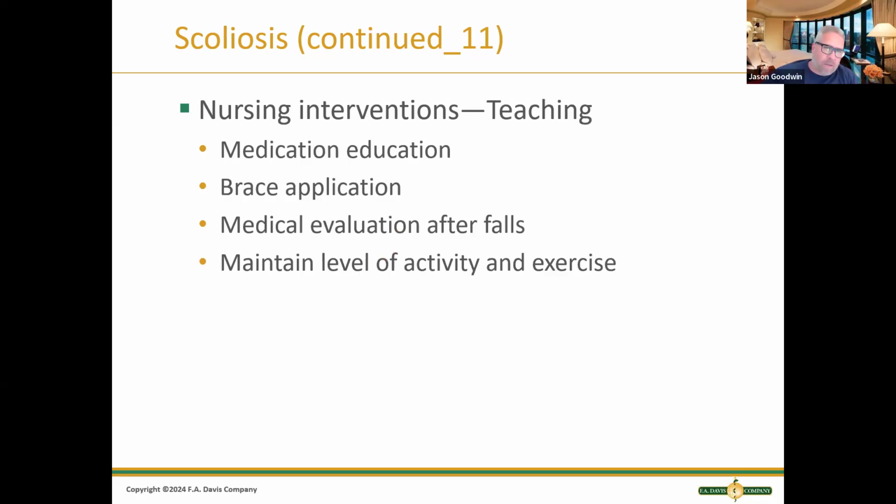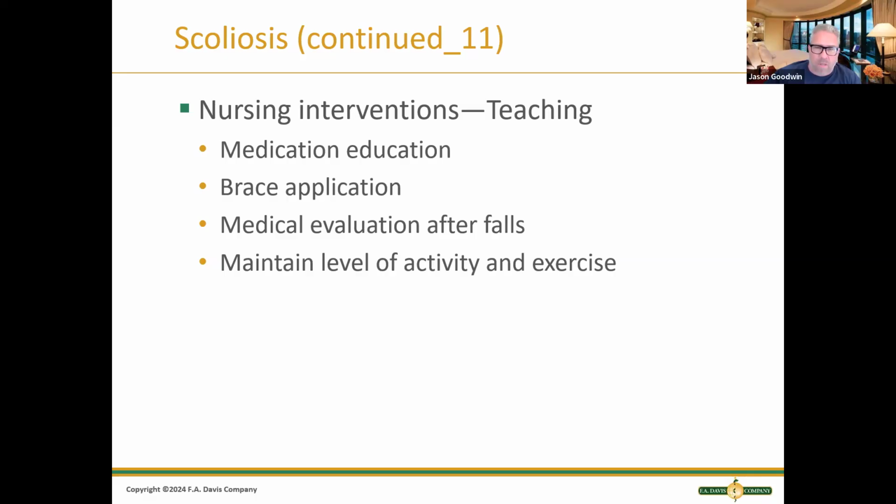Okay, so if you're going to give them pain medicine, you want to educate them on what's happening with the analgesics, right? If you're going to give them opioids, they need to understand what they're getting. You can talk to them about braces and how they must be worn at all times, but can be very helpful.